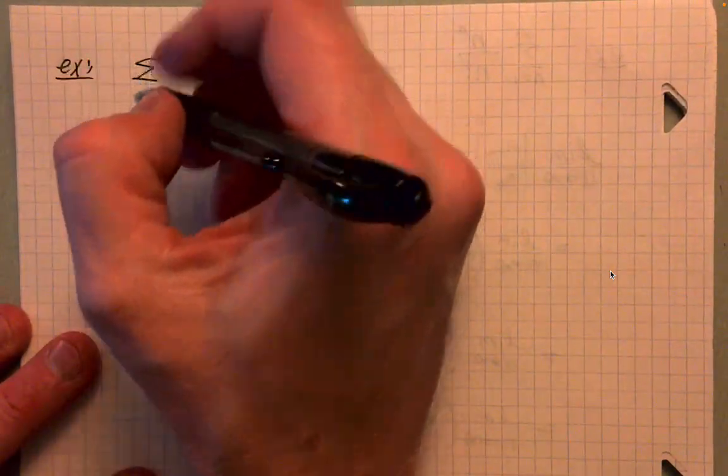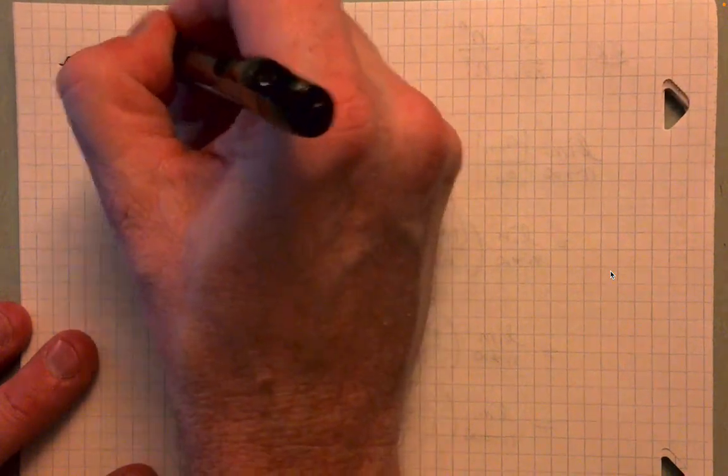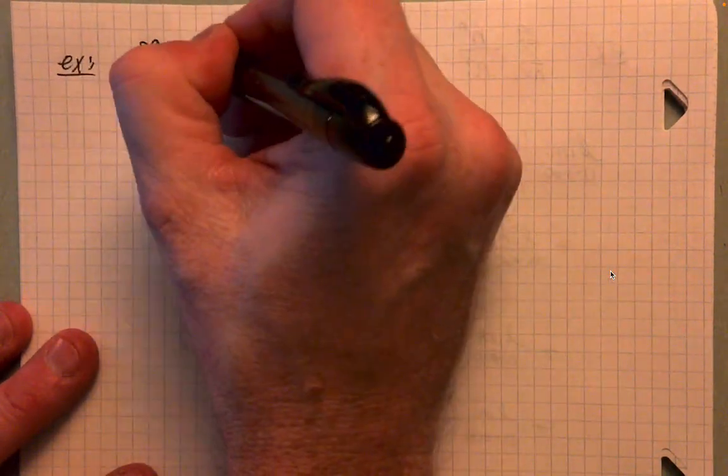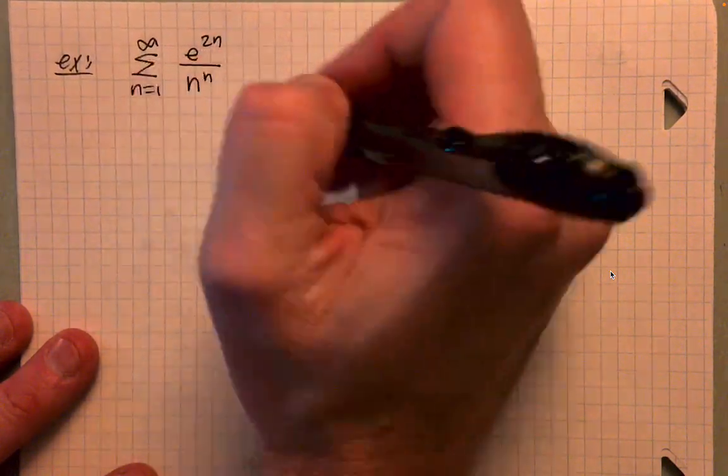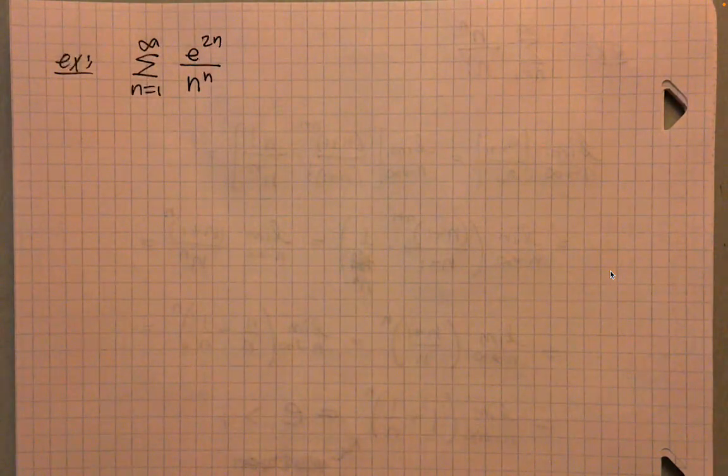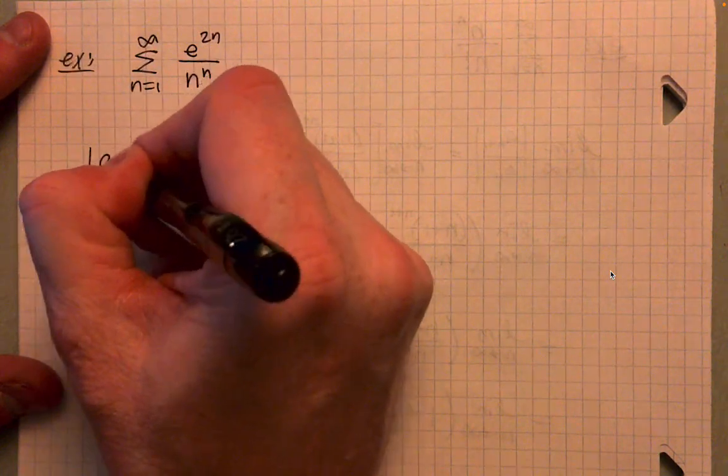Okay. We're interested in this series, n equals 1 to infinity of e to the 2n over n to the n. Does this converge? Well, let's talk about the absolute value of a of n.